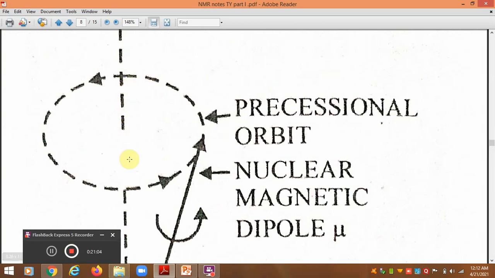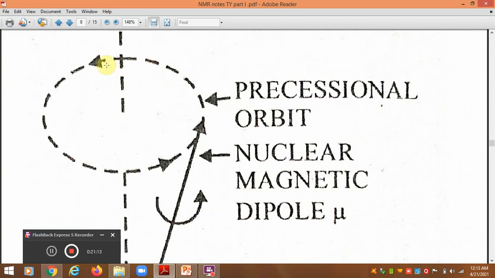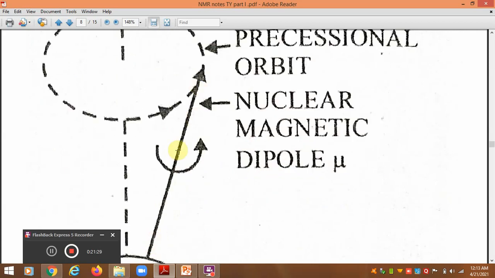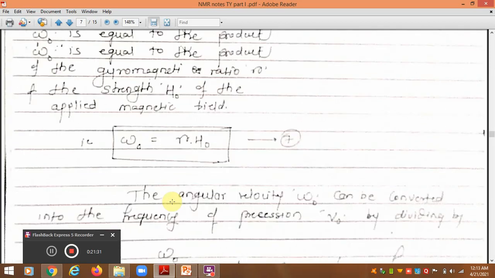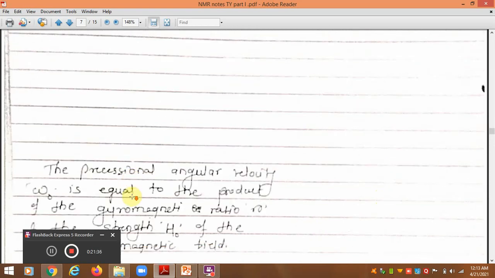But if it is not exactly parallel or anti-parallel, it will draw a circle, and this is called the precessional orbit. The nucleus is called a precessing nucleus, and this relates to the nuclear magnetic moment mu.